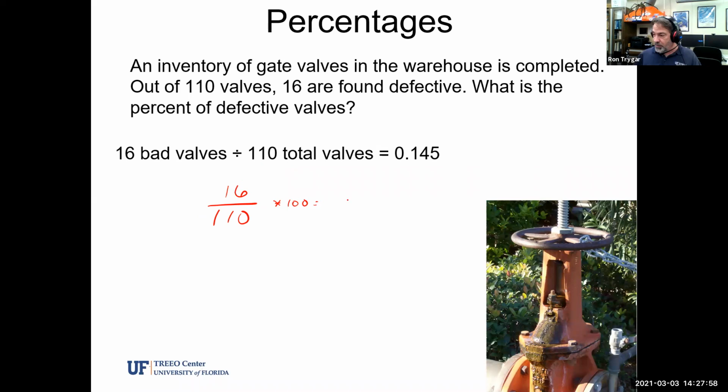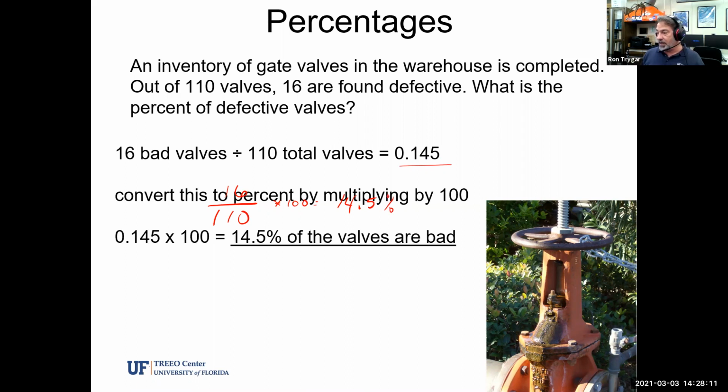And I come up with 14.5%. We show up here that 0.145 is the intermediate number. And then by multiplying by 100, we come up to 14.5% of the valves were bad. So that's how we calculate percentages with relation to, say, valves and things like that.